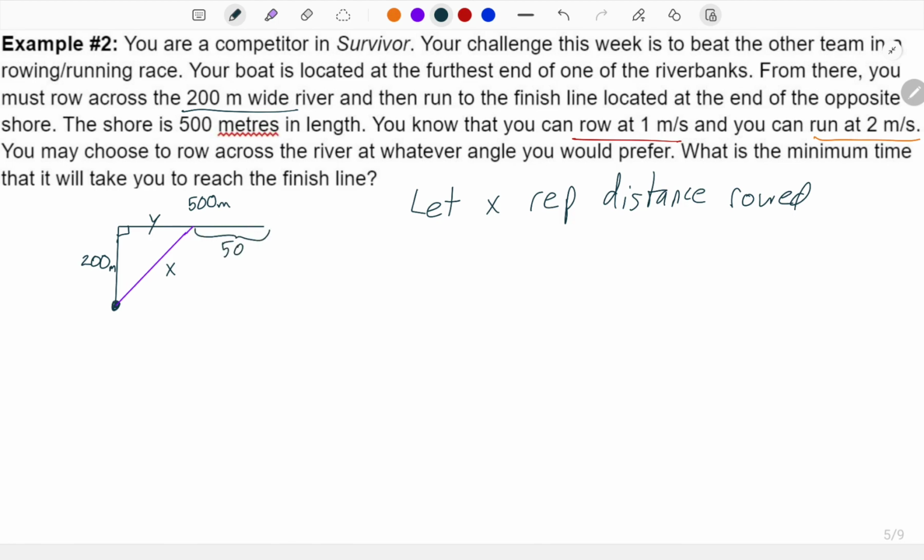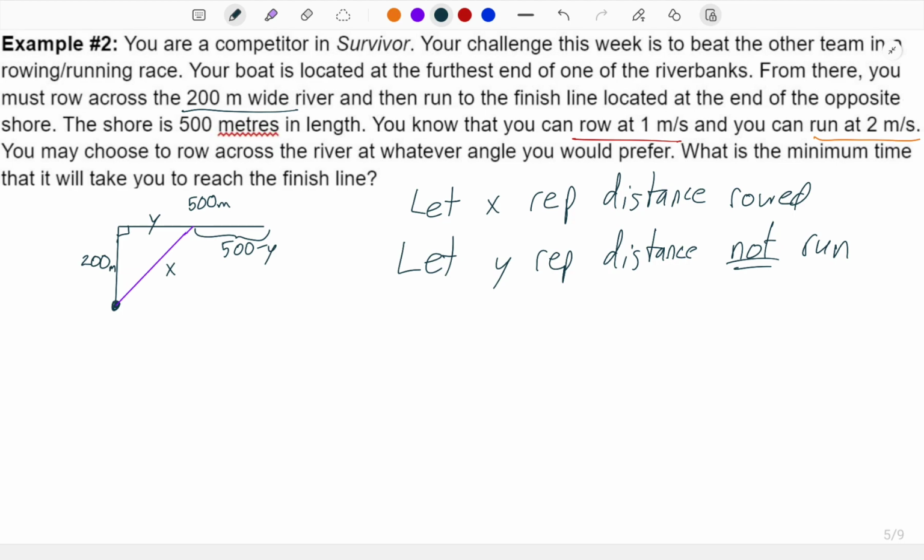The leftover portion would just be 500 minus y. And what is y actually representing? Well, in this case, it's what we're not running, actually, because we're rowing up to that point and then we're running the leftover part. So let y represent distance not run. So it's a little backwards, but just in terms of the diagram, it does make the diagram a little neater.